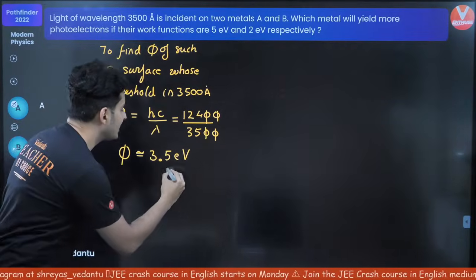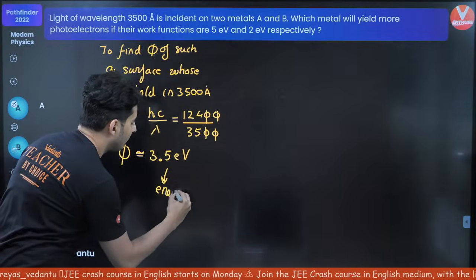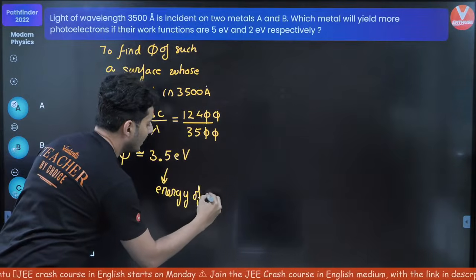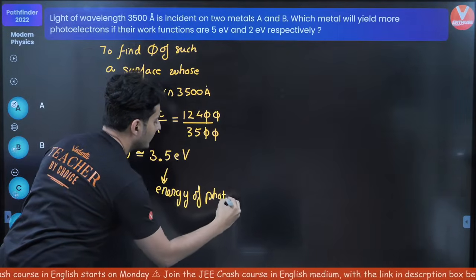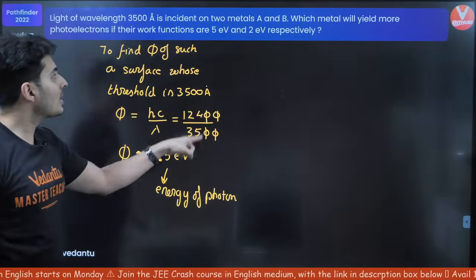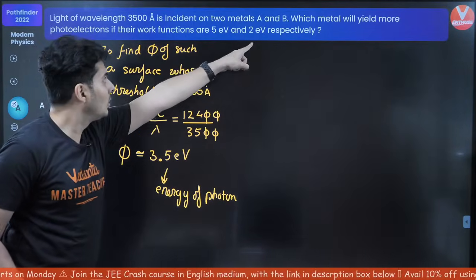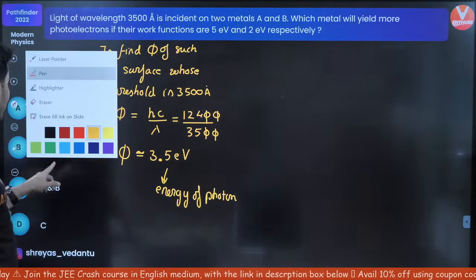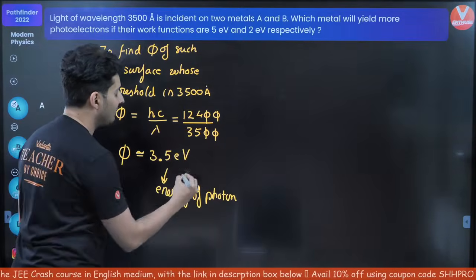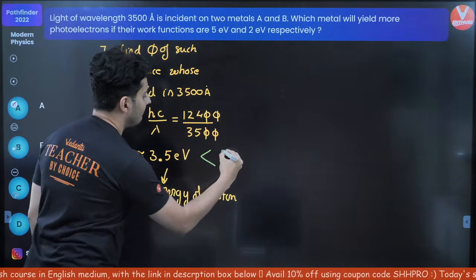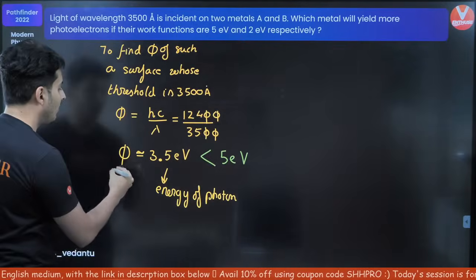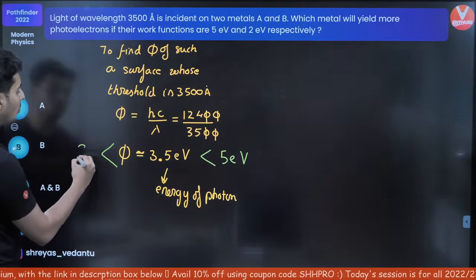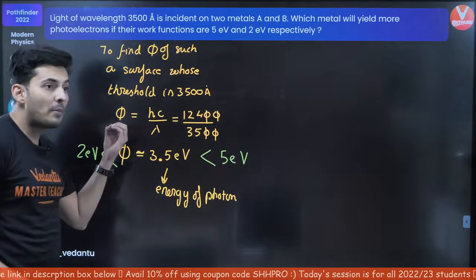Now, this is basically the energy of that photon of that particular light. Now think about it. This 3.5 is more than 2 but less than 5. This is very, very interesting to note. This 3.5 is less than 5 electron volt, but it is more than 2 electron volt.